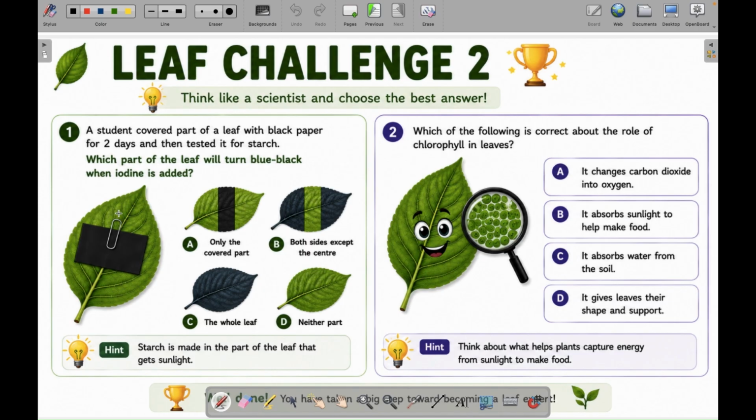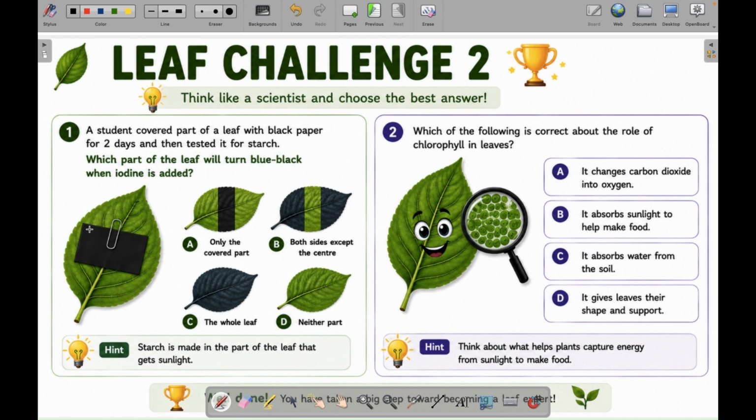And then he kept the plant in the sun and gave it access to water so that it can prepare food. And then next, he tested it for starch. So basically, he put the iodine solution. If it turns blue-black, then it means chlorophyll was able to absorb sunlight and prepare food, which means starch is present.